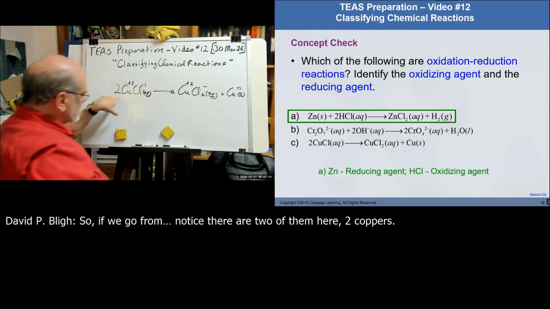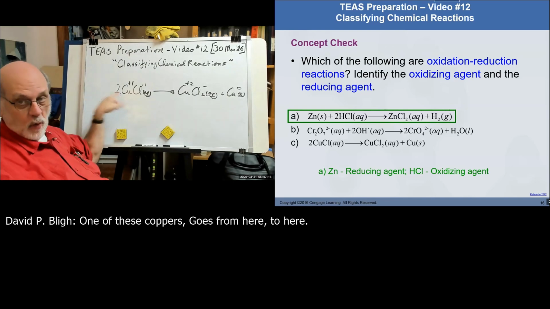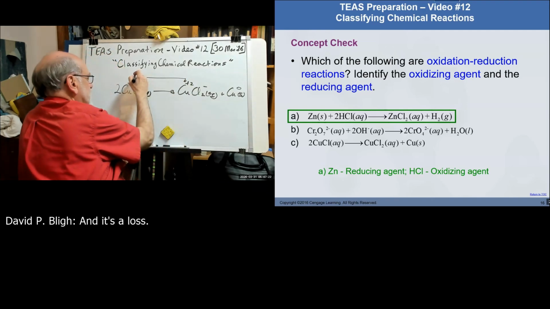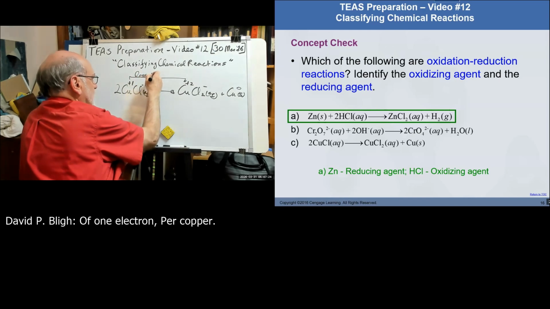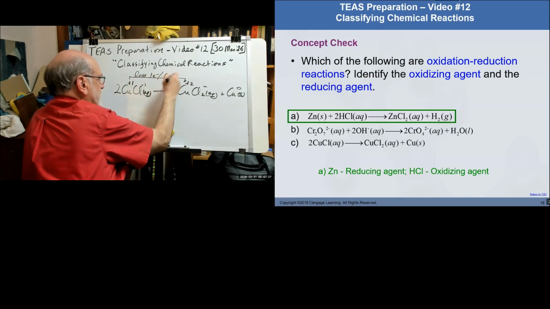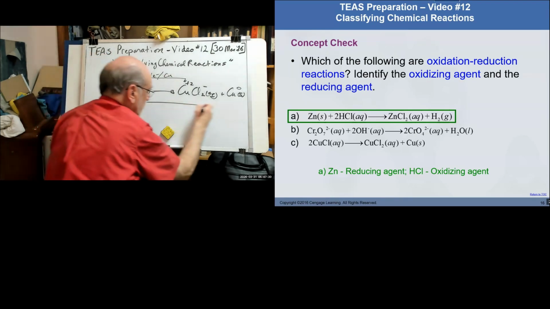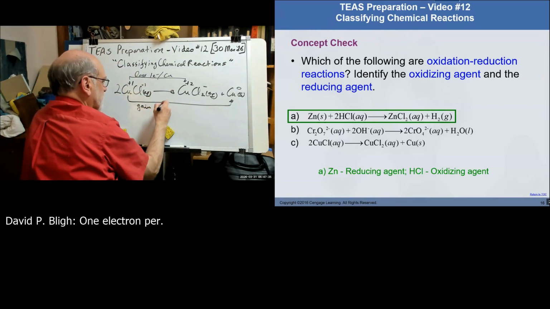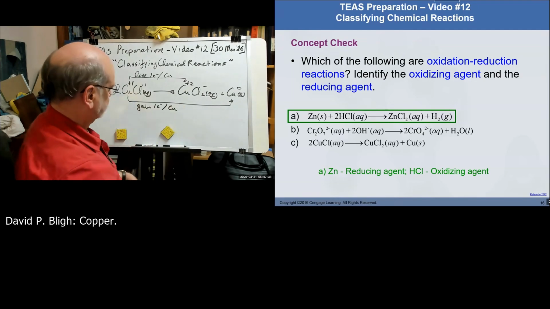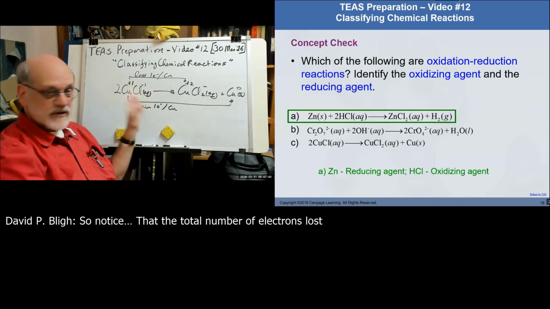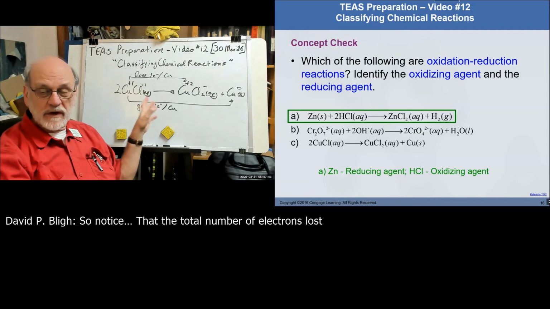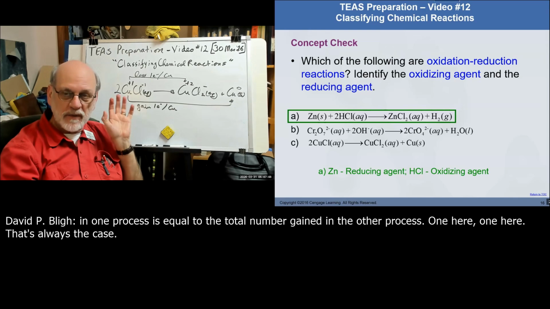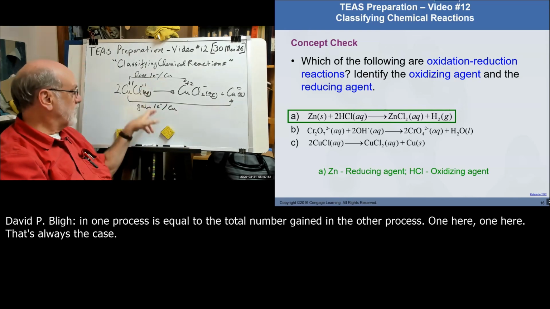So notice there are 2 coppers here. One of these coppers goes from here to here, and it's a loss of 1 electron per copper. And the other one goes this way, and this is a gain of 1 electron per copper. Notice that the total number of electrons lost in one process is equal to the total number gained in the other process. 1 here, 1 here.